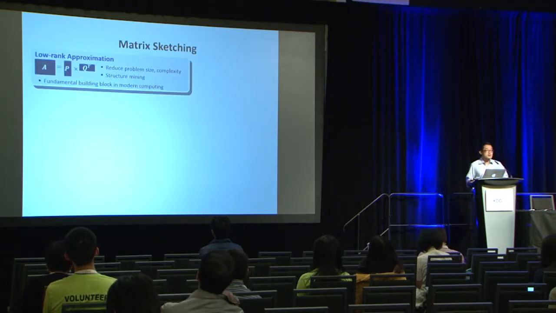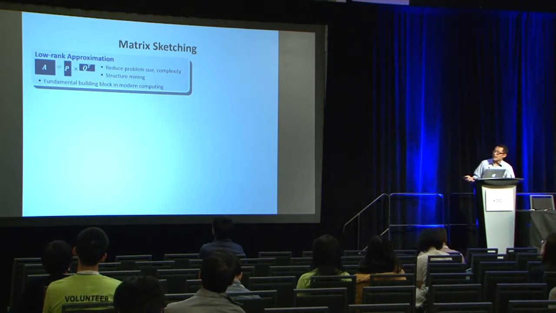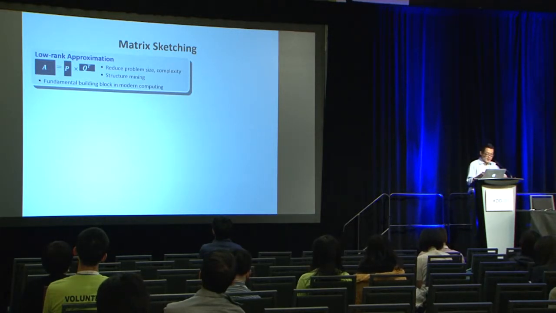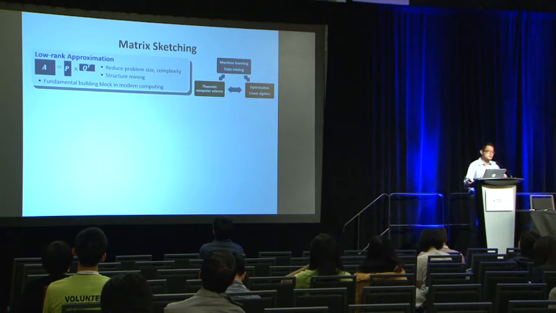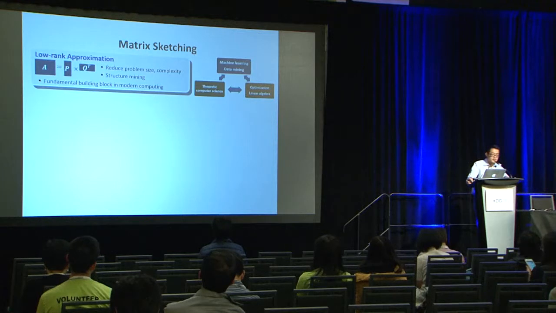Matrix low-rank decomposition, as you probably are very familiar with, or sometimes called matrix sketching in certain scenarios, is aimed at factorizing a large matrix A into the product of smaller rank factors. It can greatly reduce the problem size and dimensionality, and it has drawn considerable interest from several interdisciplinary areas, including machine learning, data mining, theoretic computer science, optimization, and numerical linear algebra.